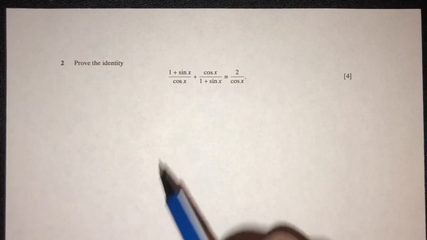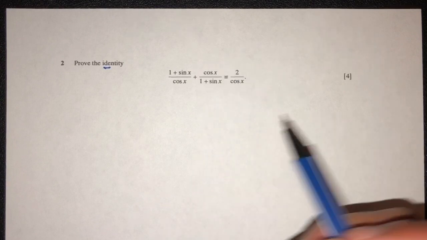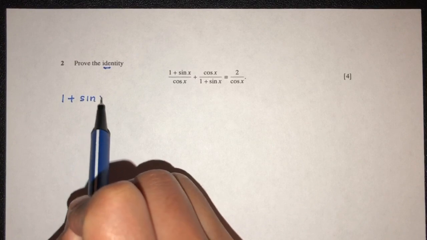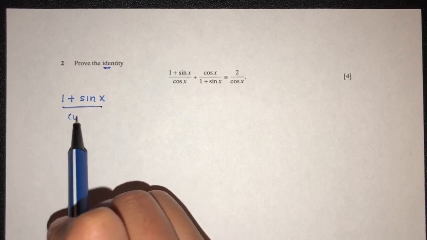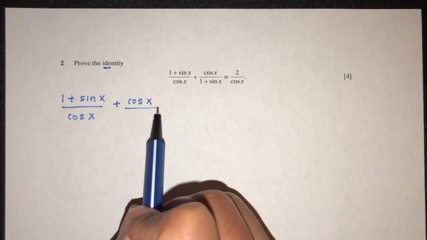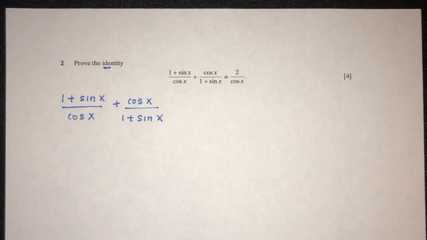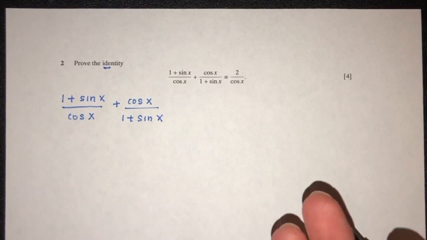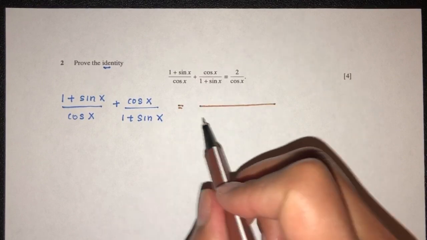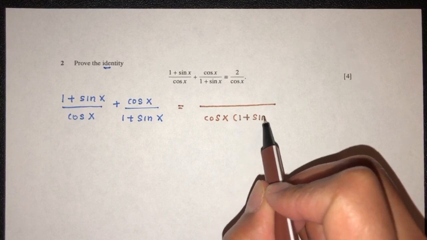So here we have to prove this identity. Let's begin from the left hand side to show it equals the right hand side. So at first we have 1 plus sin x over cos x plus cos x over 1 plus sin x. Now obviously the bases are different. We can make them the same by applying LCM. Multiply them by each other, you will have cos x times 1 plus sin x.